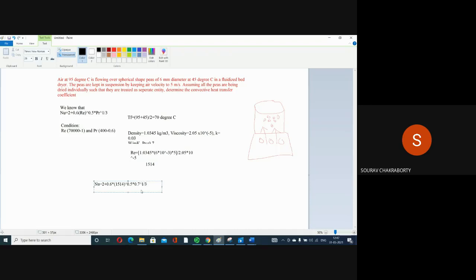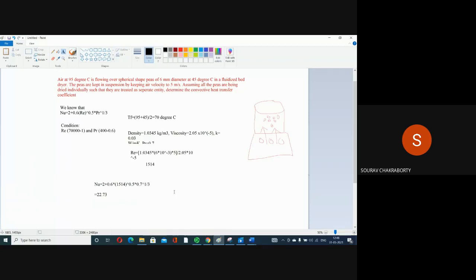Okay, so we can determine this, and after calculating, what value will we get? It will be equal to 22.73. Okay, so Nusselt number equal to 22.73.